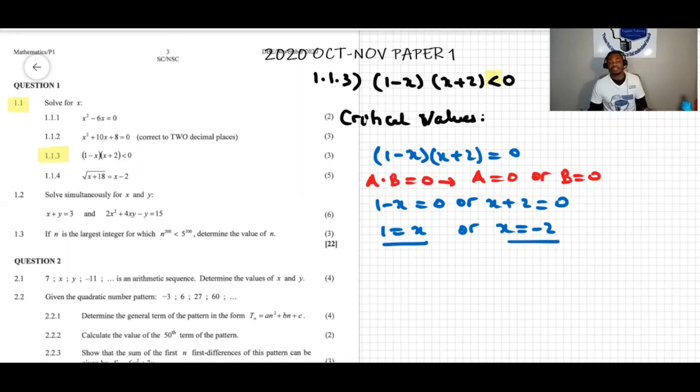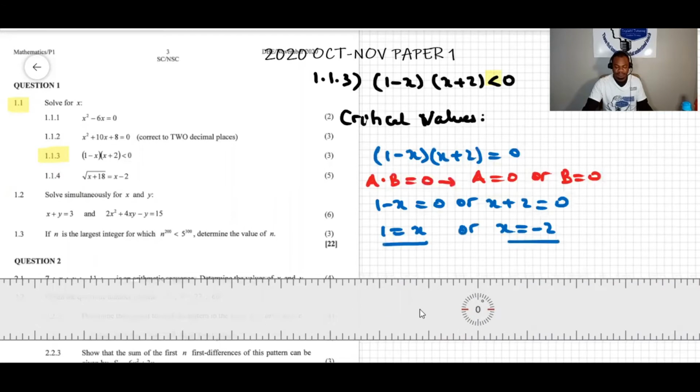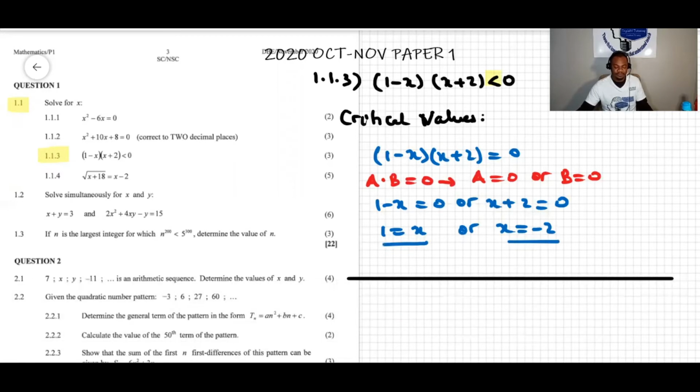Those values are not the solution of the inequality, but they're just the boundaries of the intervals over which the value of x is. Now I want to draw the number line. In the number line, I'm going to place the critical values in ascending order.